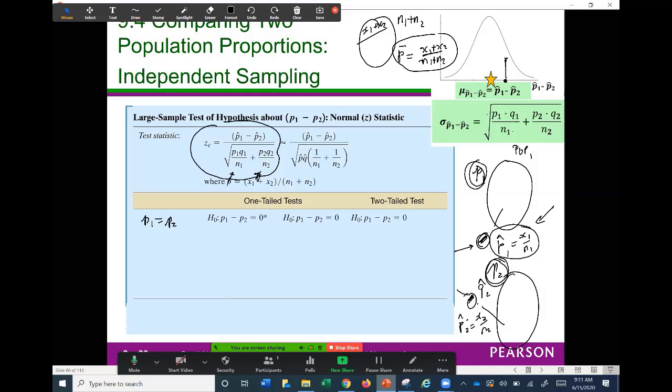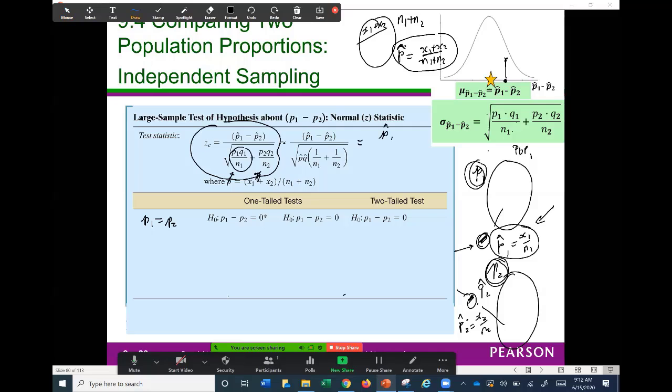Then we can substitute these values here, the population proportion, using my samples. And when I use my sample, I use P hat and Q hat, where P hat is this one, P bar or P hat is the same thing. P hat and Q hat is given by this. Remember, you can rewrite this in this other way.